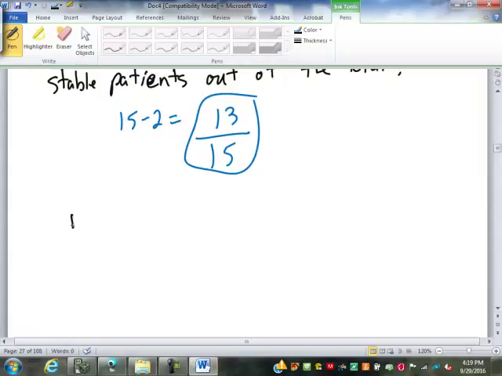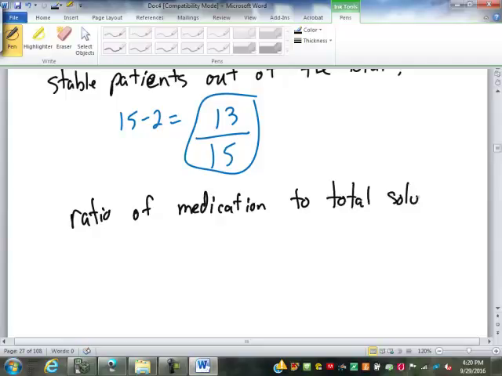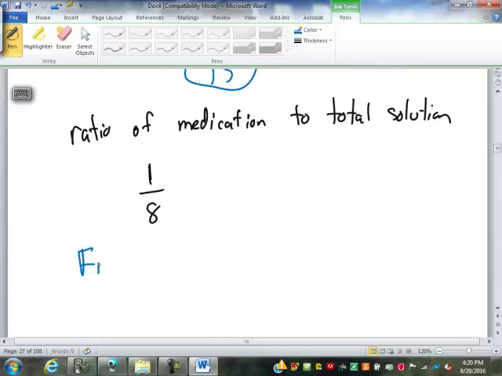If I tell you that the ratio of medication to total solution is 1 part out of 8, find the ratio of medication to water.